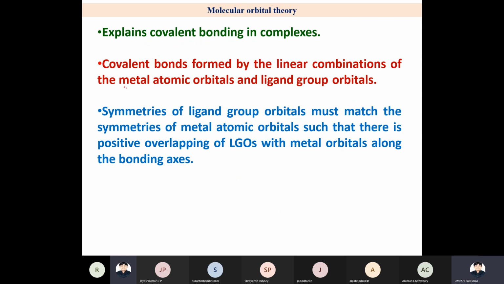You remember, metal atomic orbital combines with ligand group orbital, not an individual free ligand, but ligand group orbital. So the symmetry of the ligand group orbital must match the symmetry of the metal atomic orbital. Then and only then positive overlapping takes place, and you will get a particular covalent bond. This bond is formed along the bond axis.